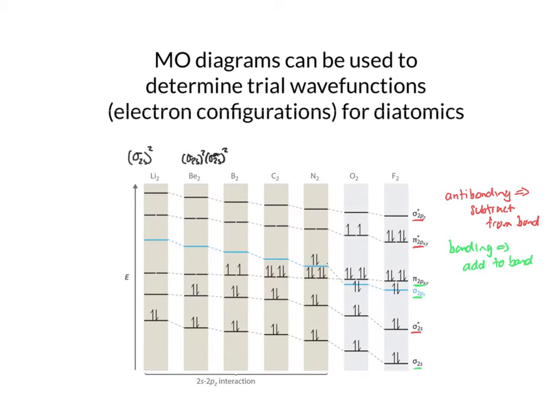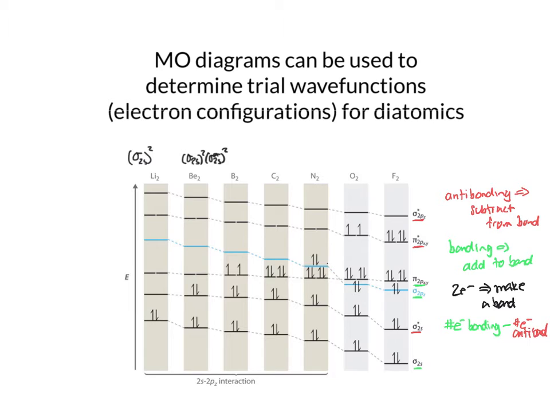Remember that it requires 2 electrons to make a bond. So if I take the total number of electrons in bonding orbitals and subtract the total number of electrons in antibonding orbitals, I get the total number of electrons that contribute to bonding.